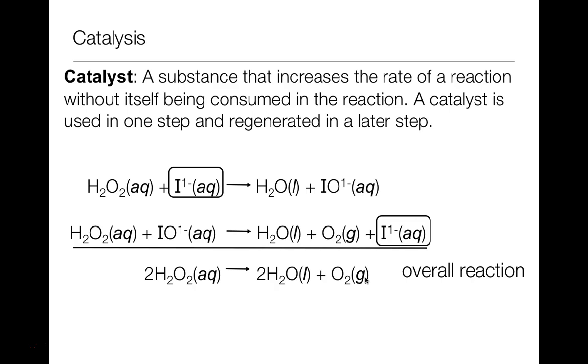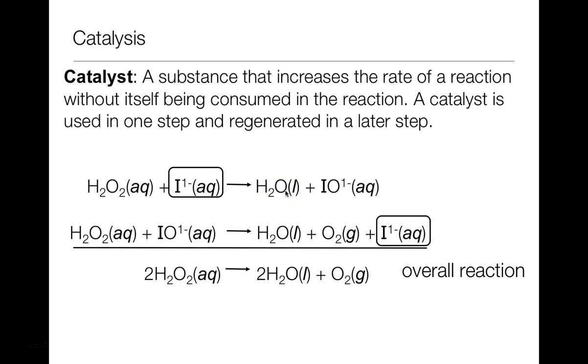The reason is that it actually introduces a new elementary step. Instead of just directly breaking down into water and oxygen, the iodide ion reacts with the hydrogen peroxide, the H2O2, to form water and an IO1- intermediate. Like we talked about before, here's our catalyst, so everything in bold is our catalyst. It physically reacted with our reactant, which all catalysts do, and even the same thing with enzymes.